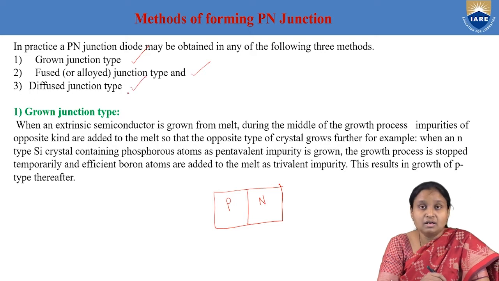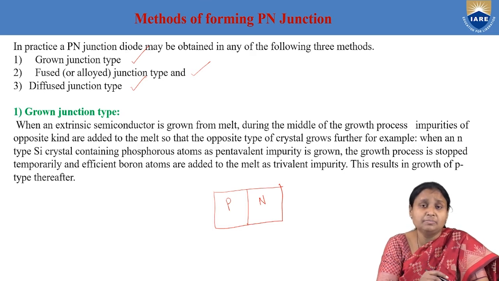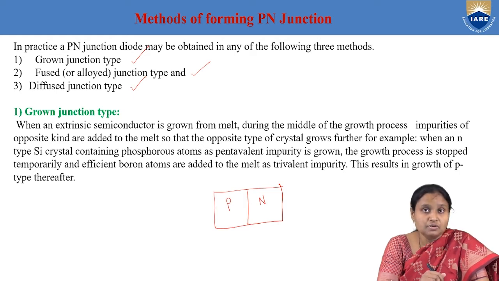Then the third type is called the diffused junction type. These are the most common methods used to form a p-n junction.